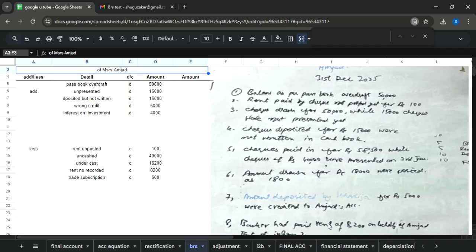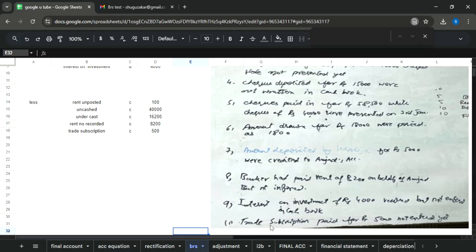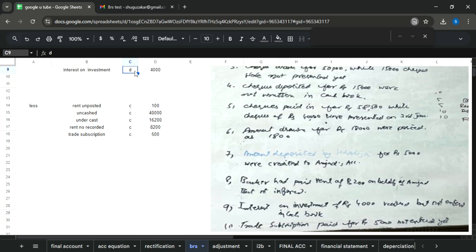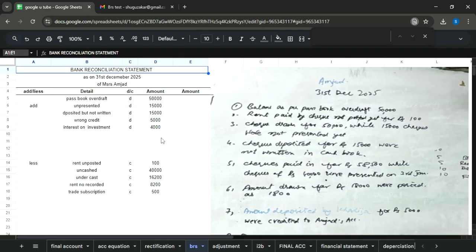Banker paid rent expense, credit 8200. And then the ninth and 10th: interest on investment, this is your income, 4,000 debit. And last, trade subscription paid, expense, credit 500. So guys, in this way our question has been completed.